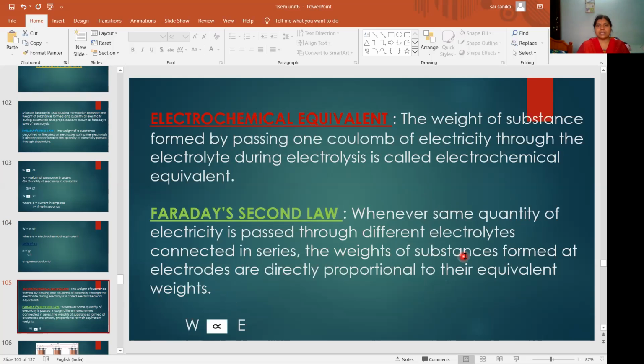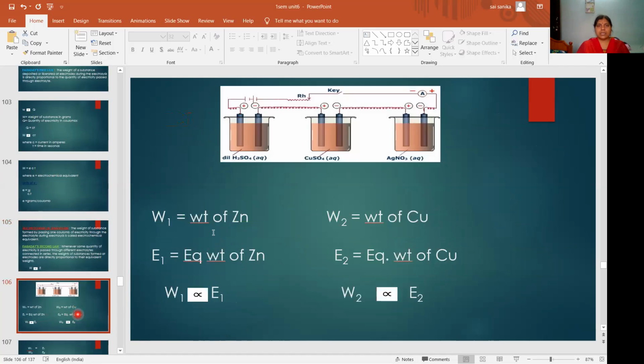The weights deposited at the electrodes are directly proportional to their equivalent weights, that is W is directly proportional to E. See here in the diagram, we are taking different electrolytic solutions connected in series, anode and cathode, anode and cathode, and passing the same quantity of electricity. The substances deposited at the respective electrodes are directly proportional to their equivalent weights.